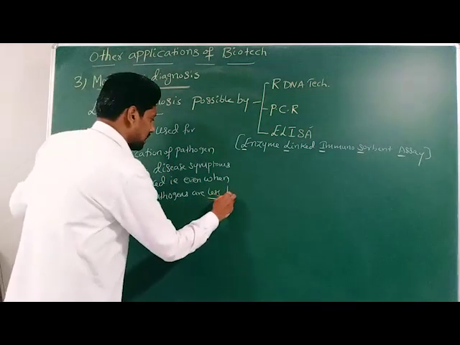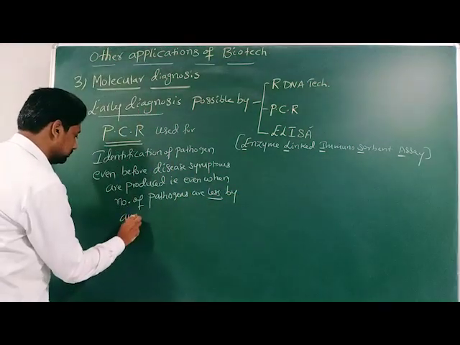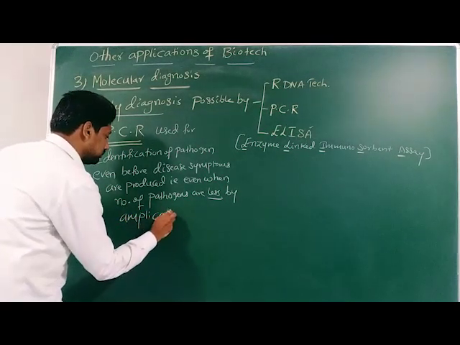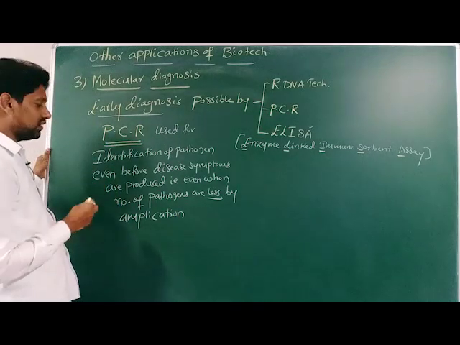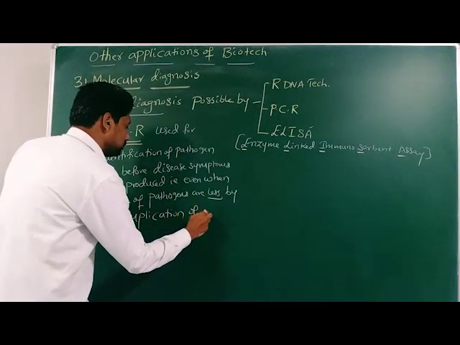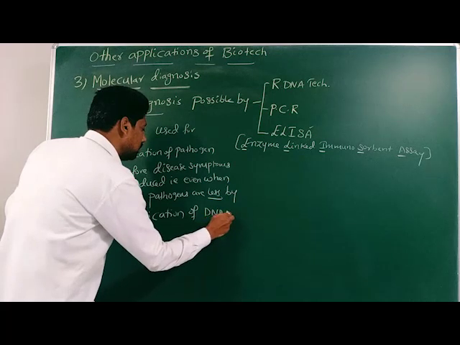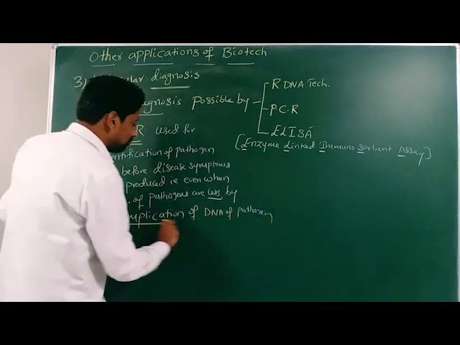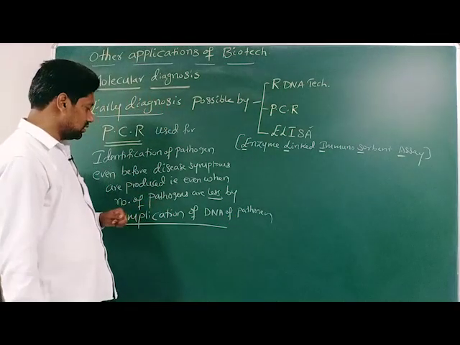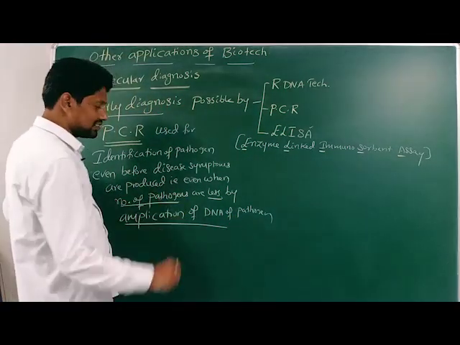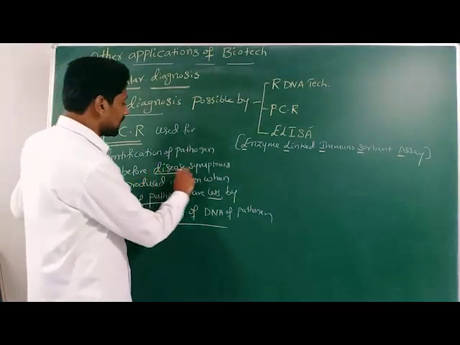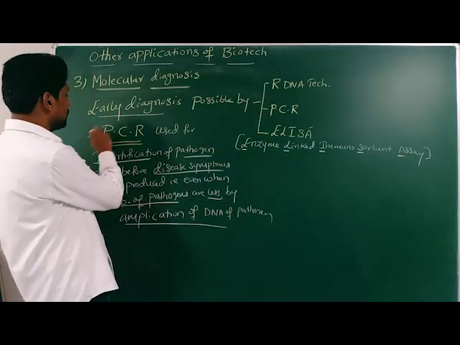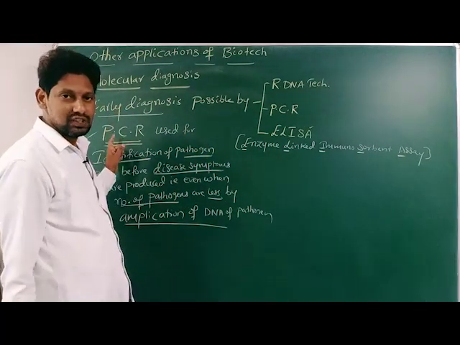How, sir? By amplification of the DNA of the pathogen. Therefore, by amplifying the DNA of the pathogen, even though the pathogen number is less, even before the pathogen has produced the disease symptoms, the pathogen can be identified by using PCR. Is this statement okay?